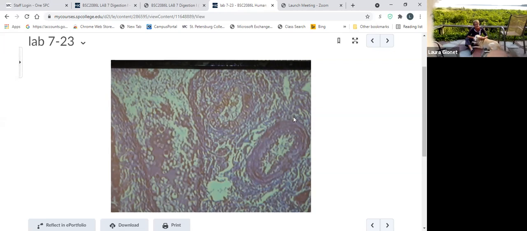You can only see the right and left wall of part of it. And then about 1 o'clock, you have a duct.